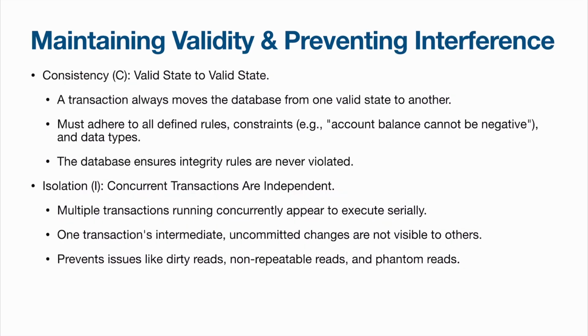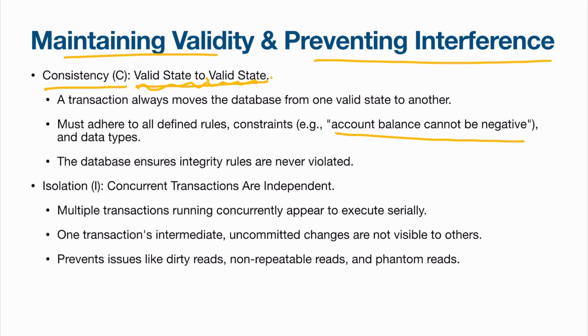Next, let's talk about maintaining validity and preventing interference. So there comes consistency. So what is consistency? The database tables and their records can only transition from one valid state to another valid state. What do I mean by that? For example, account balance cannot be negative.